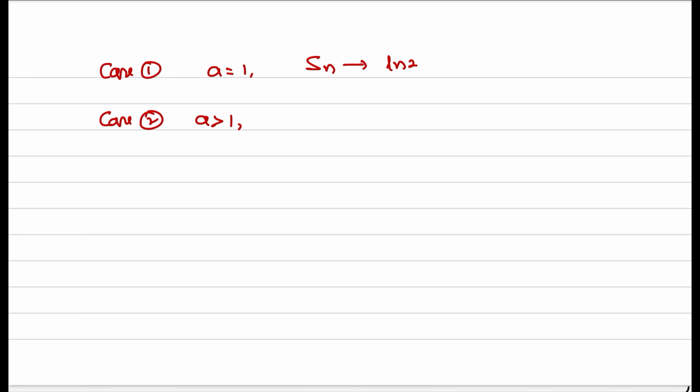That means case 1, when a is equal to 1, Sn tends to ln 2. Case 2, when a is greater than 1, Sn tends to 1.